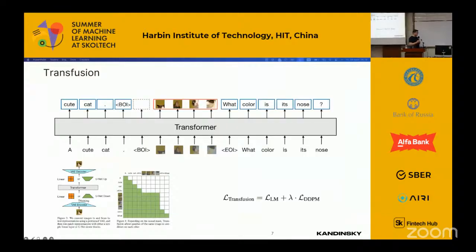But why is it so prominent from my point of view? Because it's the first public architecture that everyone can try that consists of only one model, a transformer that models the text tokens and image tokens as one sequence.